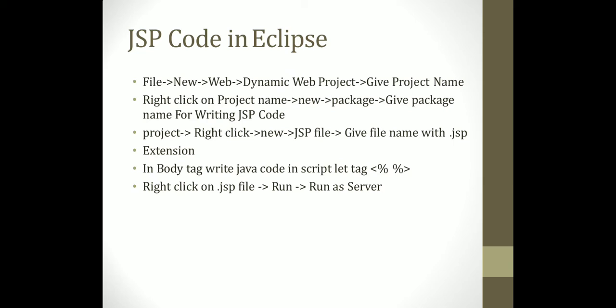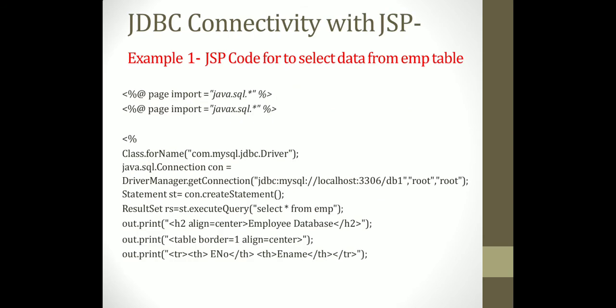Then the JSP code in Eclipse, the steps we have seen: file, new, dynamic web project. Again we have to create that project, right click on the project name, new package, and give a package name for writing the JSP code. Follow all these steps for running the JSP code in Eclipse, and after that we need to run on server.